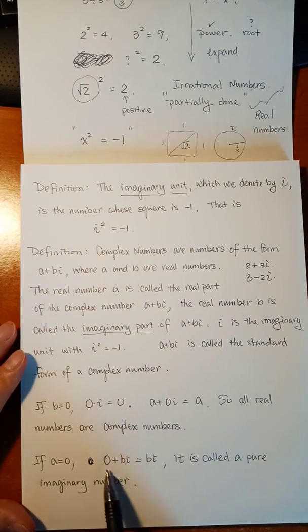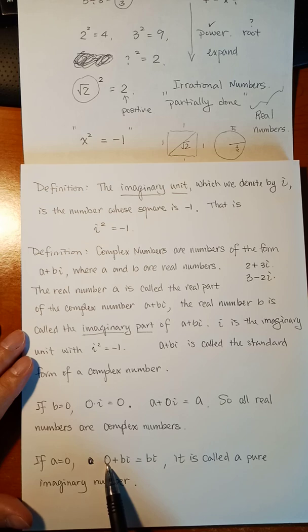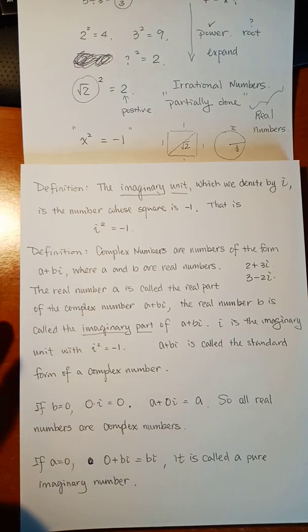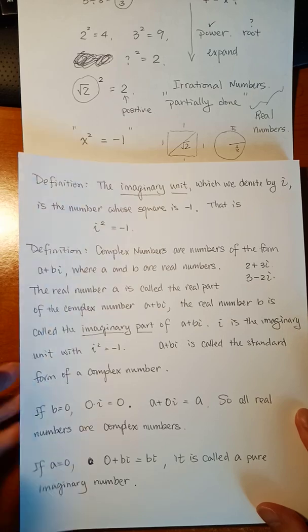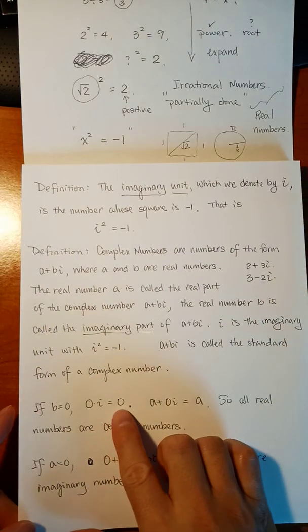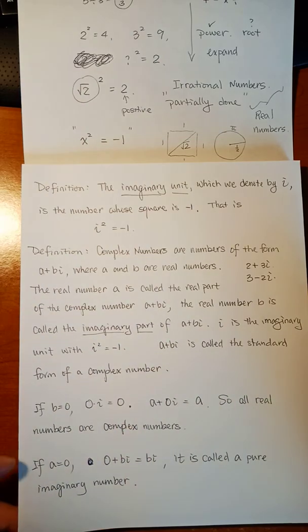This one looks like a mixed one. You have a real part, you have an imaginary part. Here you only have imaginary part and no real part, so it's a pure imaginary number. If the imaginary part is 0, you don't call it a pure real, it's just a real number.